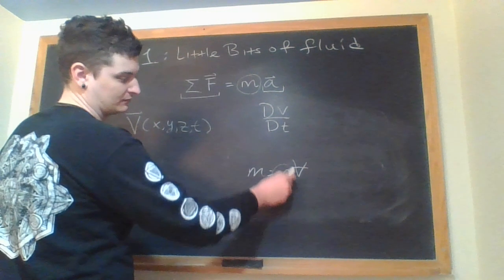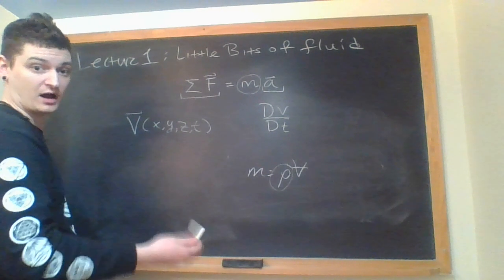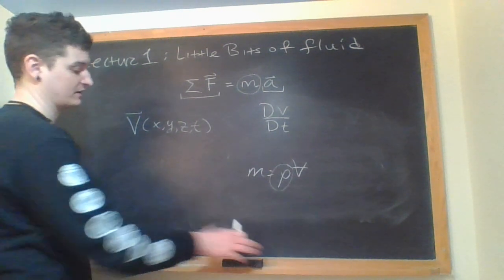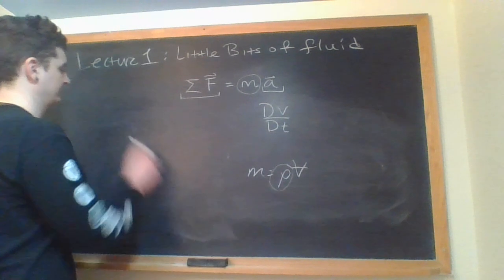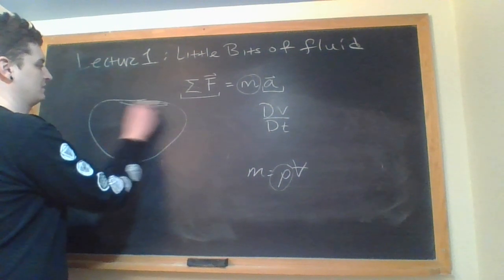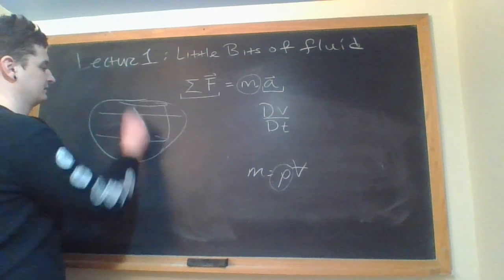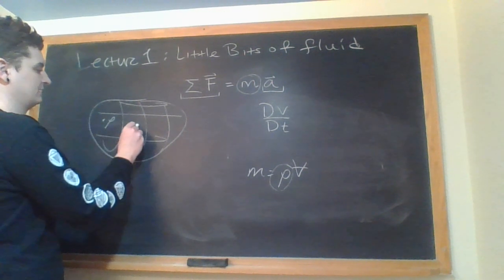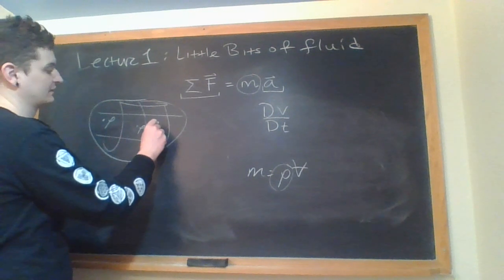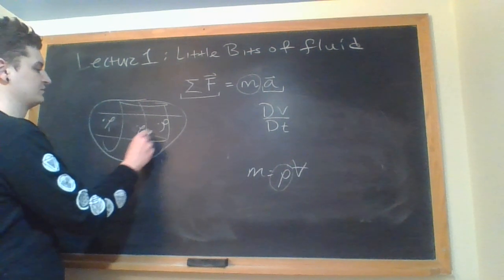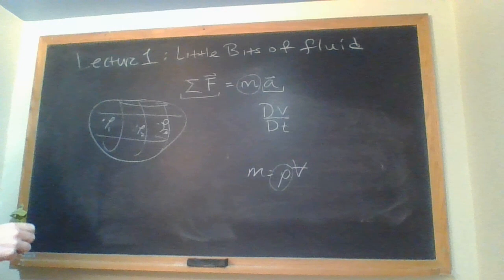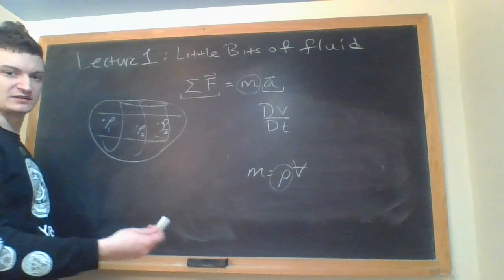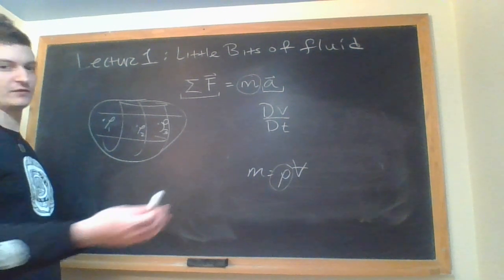This density now, one complicated thing is it could change throughout a region in space as well. If I have some arbitrary thing of fluid sitting in a coordinate system, right? This could have a density, this could have a density, and there's another one that could have its own density, like 1, 2, 3. So this is where conservation of mass becomes critical for all of our fluids equations.